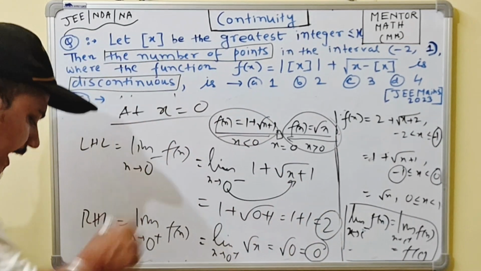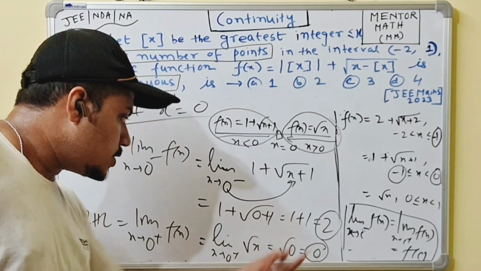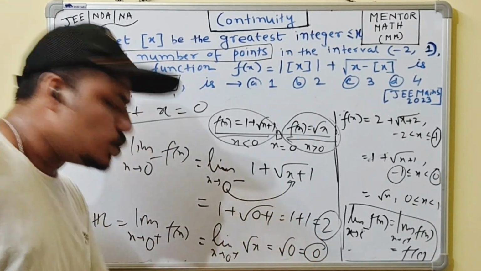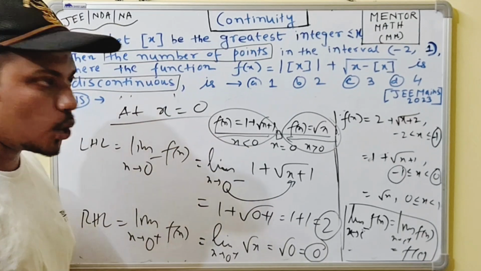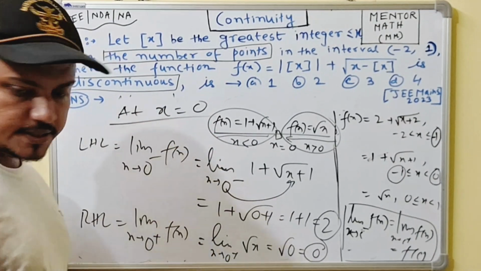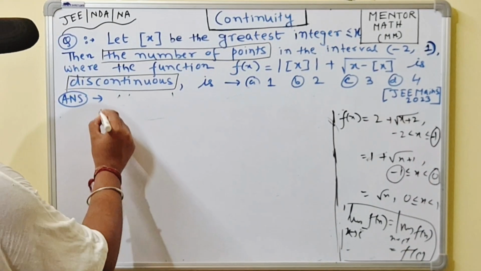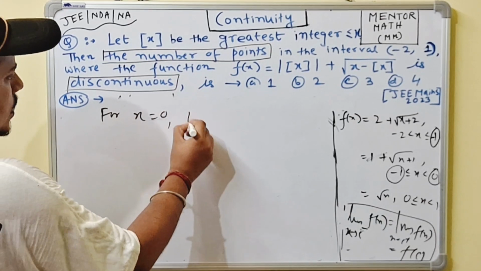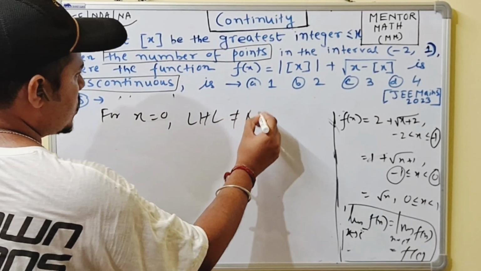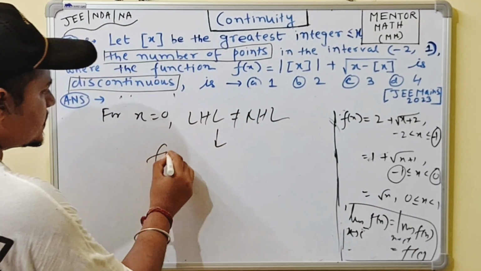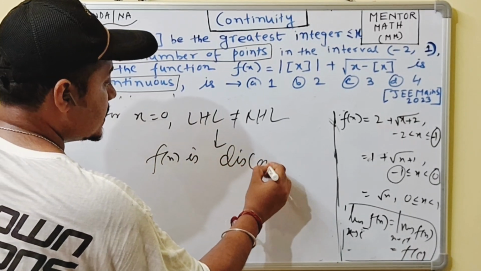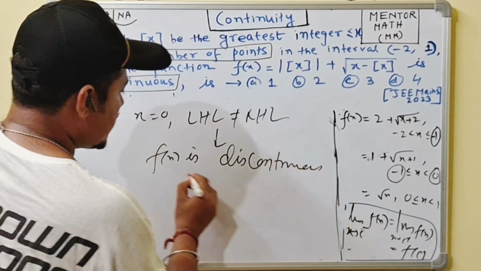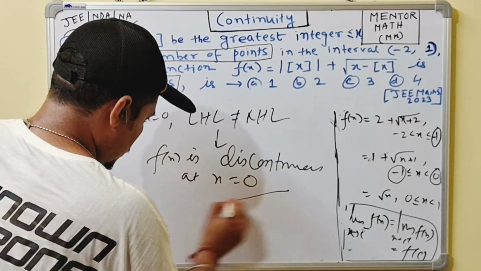So clearly again you see that the left limit is equal to 2 and the right limit is equal to 0. Both are not equal, that means the function is discontinuous. Copy this. For x equal to 0, the left limit is not equal to the right limit, so f(x) is not continuous. That means discontinuous at the particular point x equal to 0.